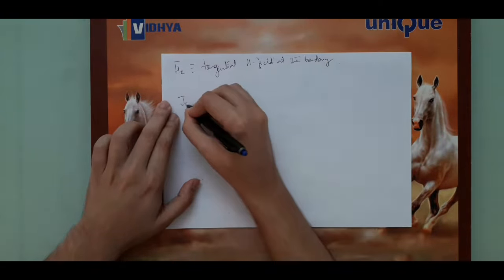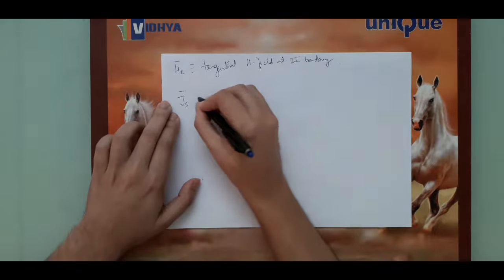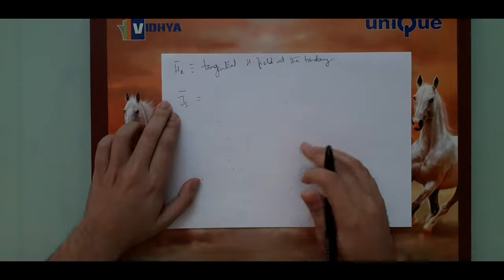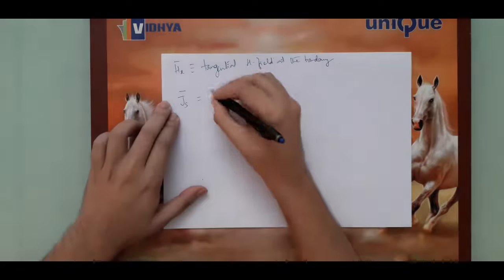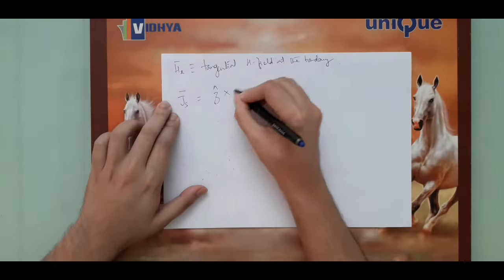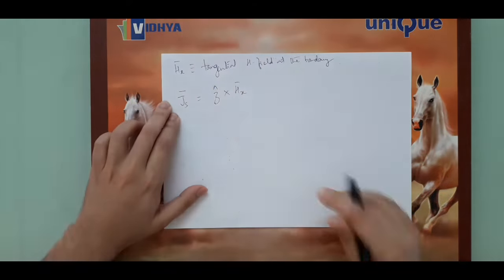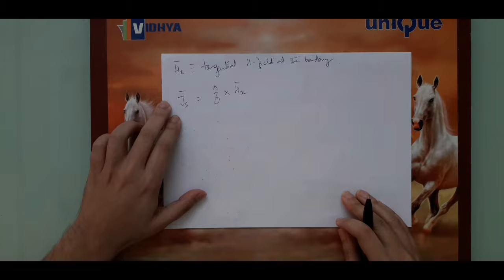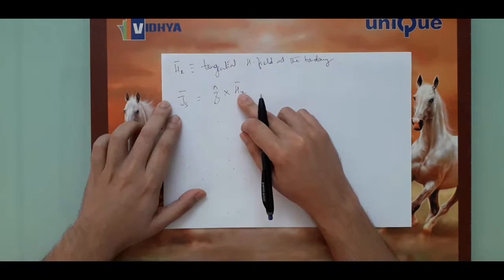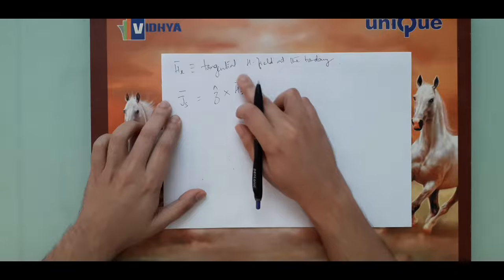So this surface current Js vector is nothing but the normal vector on the surface, and in this case the normal vector is z, crossed with Hx. Sorry, Hx is aligned along the X direction.